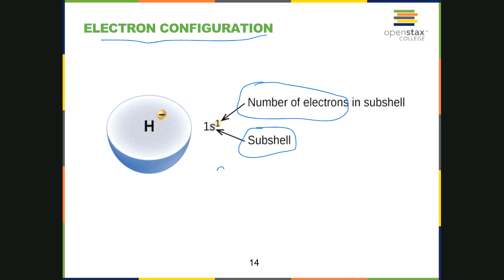So n equals 1, and then angular momentum equals 0, or equals s. And remember, the angular momentum is giving you a shape. So if it's an s orbital, the shape is like a ball. The only other one that we're going to consider is a p orbital, and that's going to be shaped like a dumbbell. We'll get to that a little bit later.